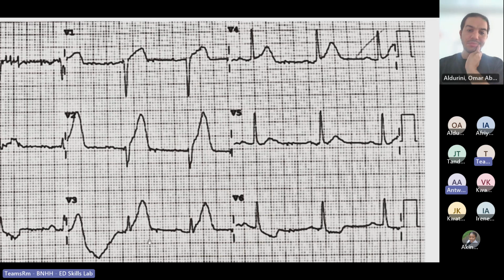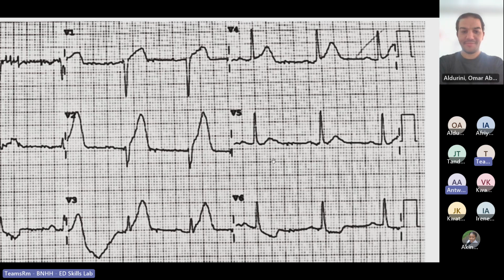So when I move on to V4, there is ST elevation there, because looking at the baseline, it is just a little above the baseline. The other ones towards the end look a little bit the same as V4. In V5 there is no significant change.